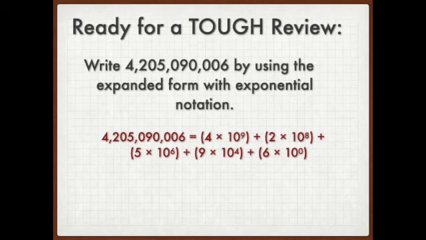But if I want to do an expanded form in exponential notation using exponents, I can say instead of 4 billion, I can say 4 times 10 to the 9th power. So 10 to the 9th power would give me a billion. So 4 times a billion is 4 billion. 2 times 10 to the 8th power, 10 to the 8th power would give me 200 million.